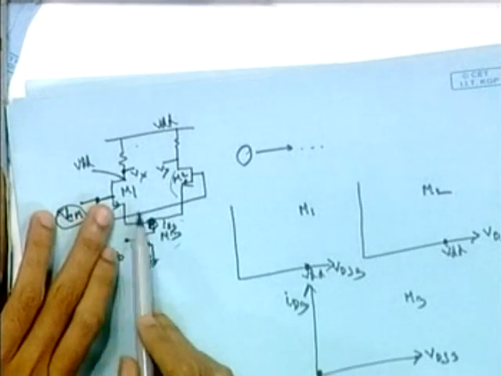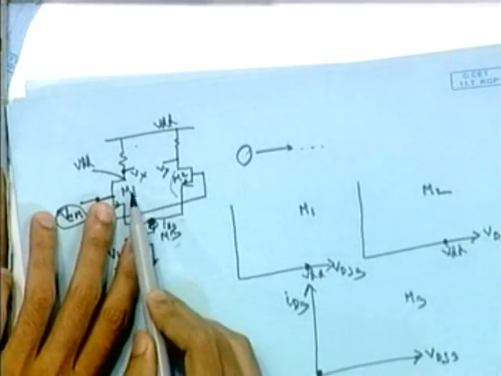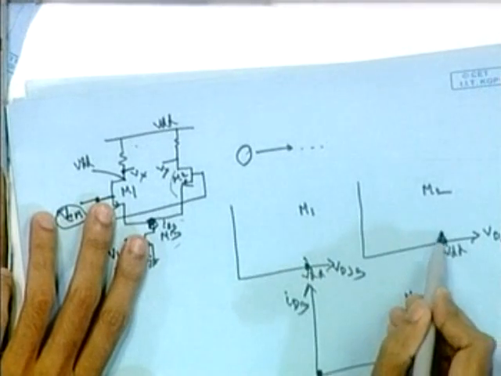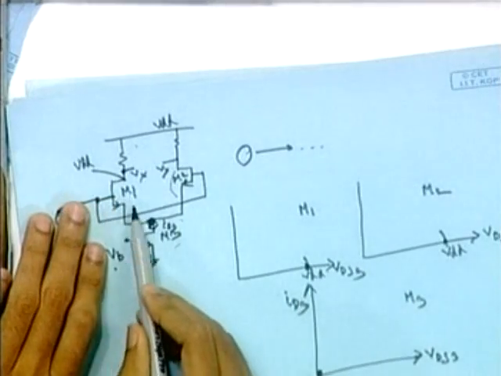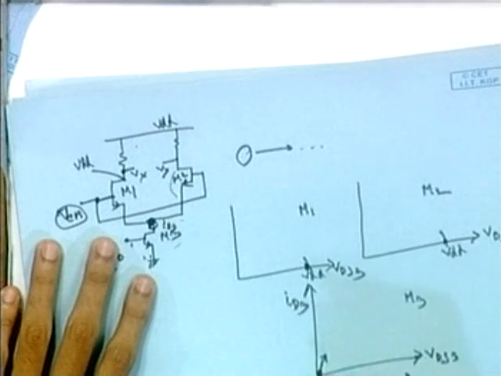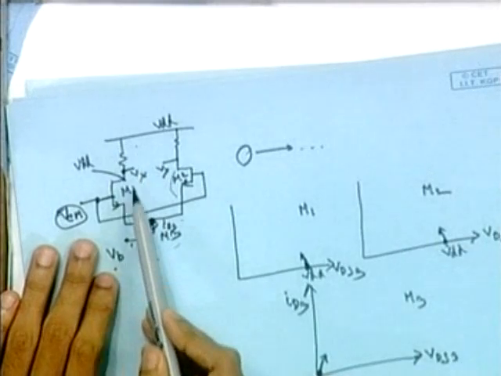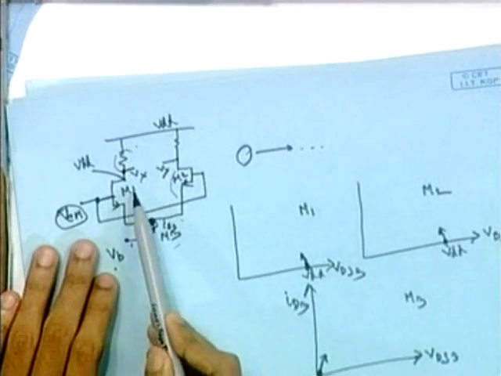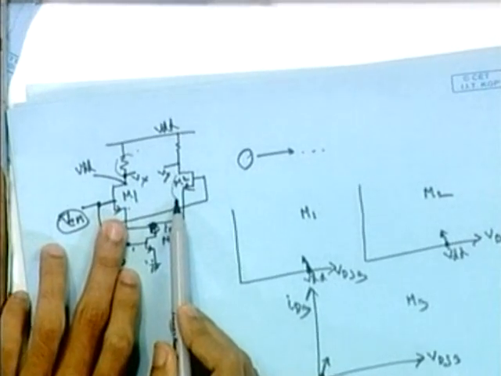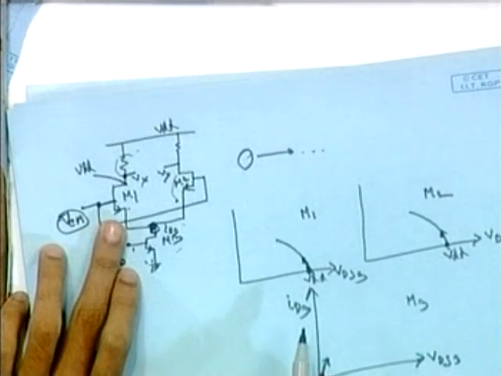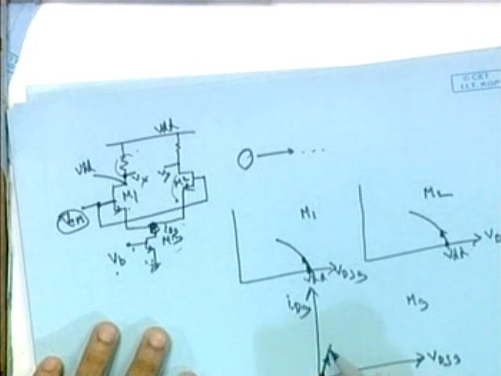So after this VTH, both of the transistors will be conducting, so they will move up, and that current will flow through this transistor. So it will also move up like this. And as the current flows through this line, more and more voltage is dropped across this resistance, so less will be available here. So VDS1 and VDS2 will be decreasing.